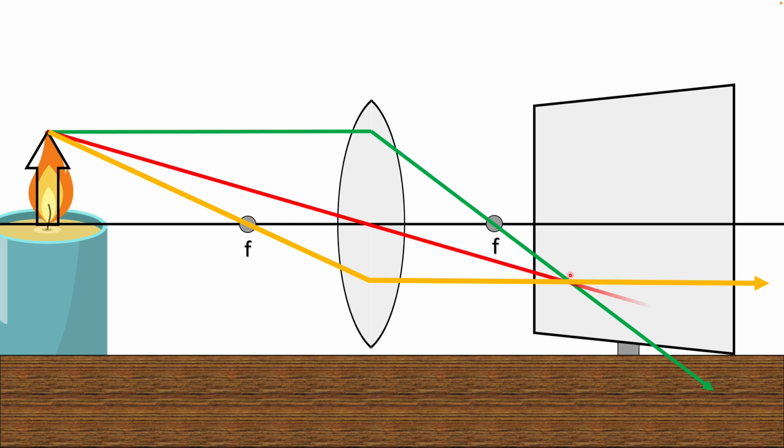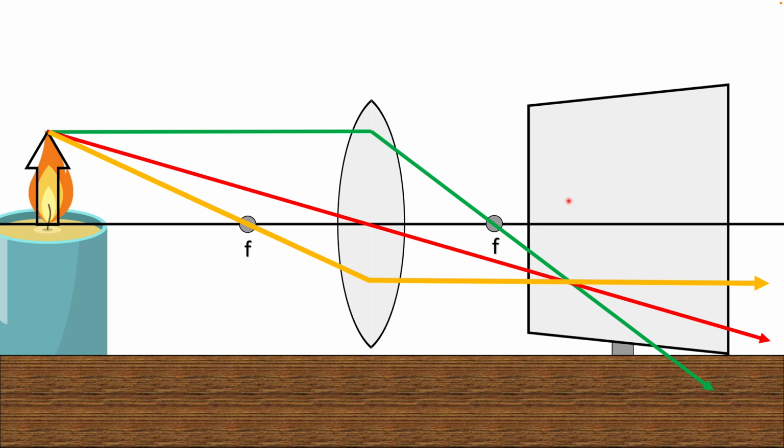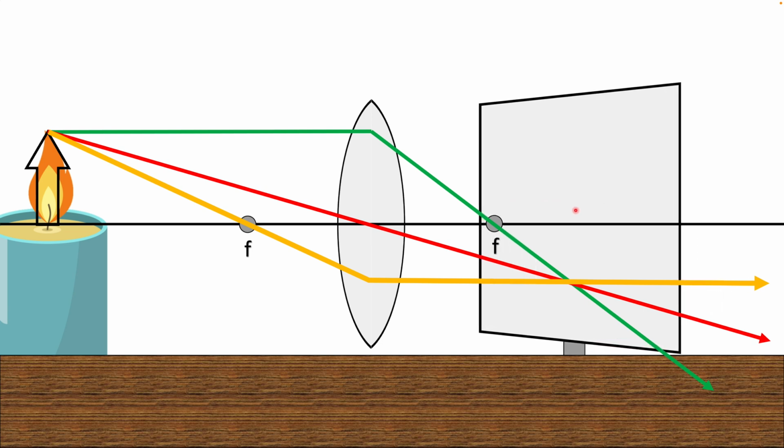We can confirm this with ray 3 as well. We have a different focal point here. So in an experiment, if we move the distance from the object to the lens, we should get a different result in the distance from the lens to the image. I'd have to move my screen so I can capture the image now in this position.